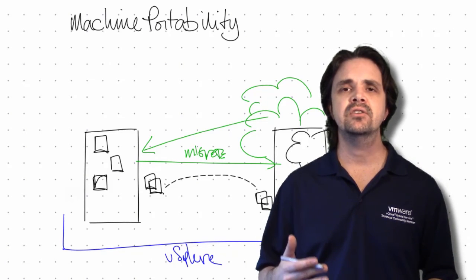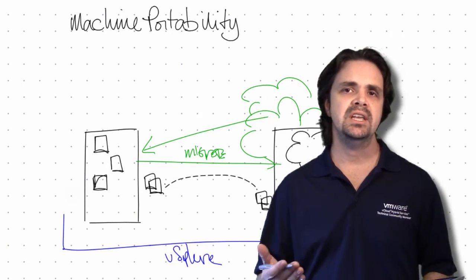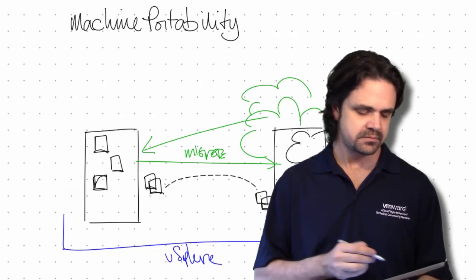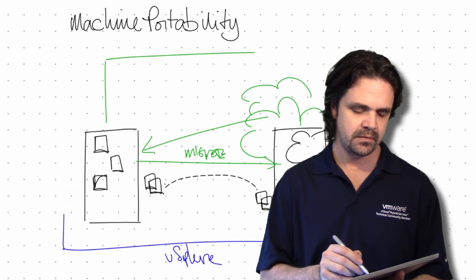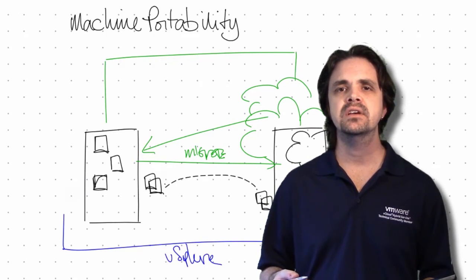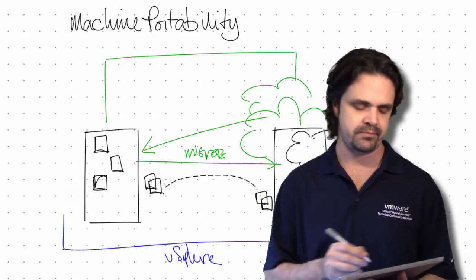Machine portability carries further when we look at the idea of vCloud Air as an endpoint. vCloud Air has the ability to serve as an endpoint for things like vRealize automation.